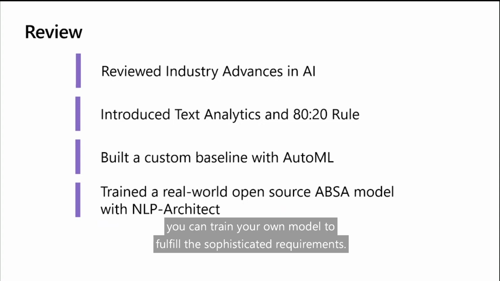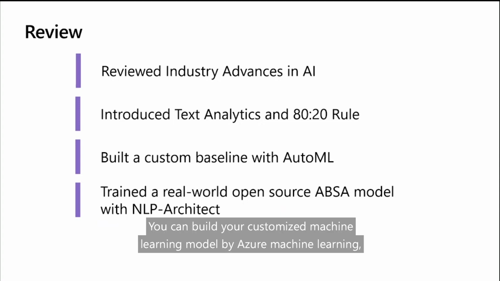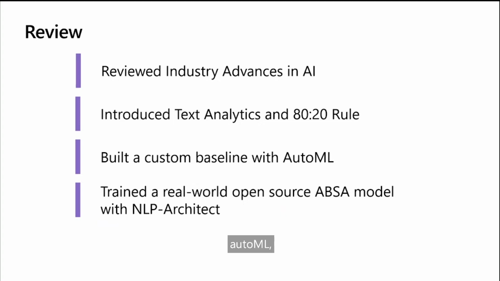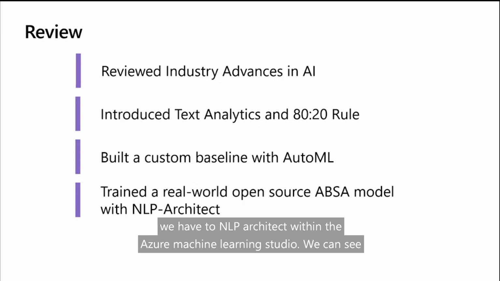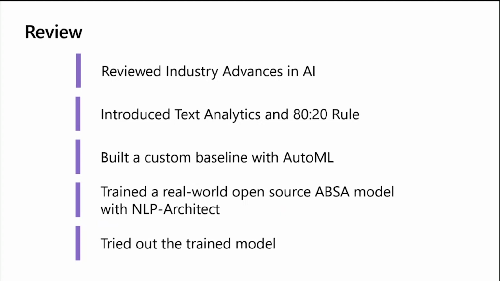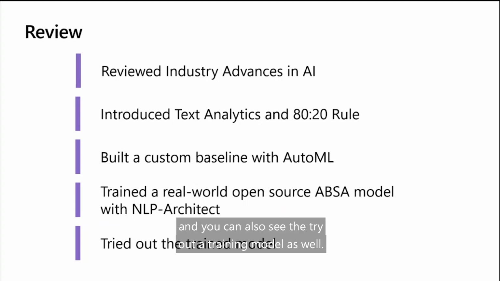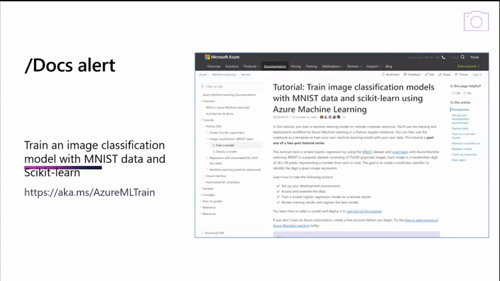Maybe for the other 20% you can train your own model to fulfill sophisticated requirements. You can build a customized machine learning model with Azure Machine Learning AutoML. You can also use the trained real-world AI model with NLP Architect within the Azure Machine Learning Studio, and try out the trained model as well.